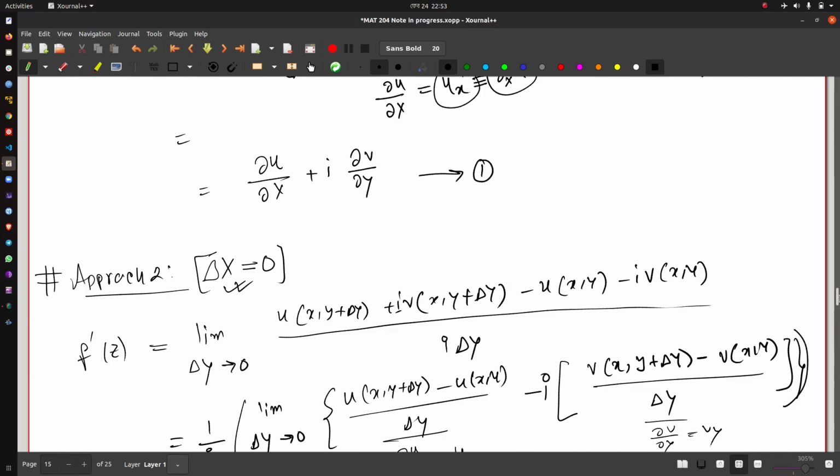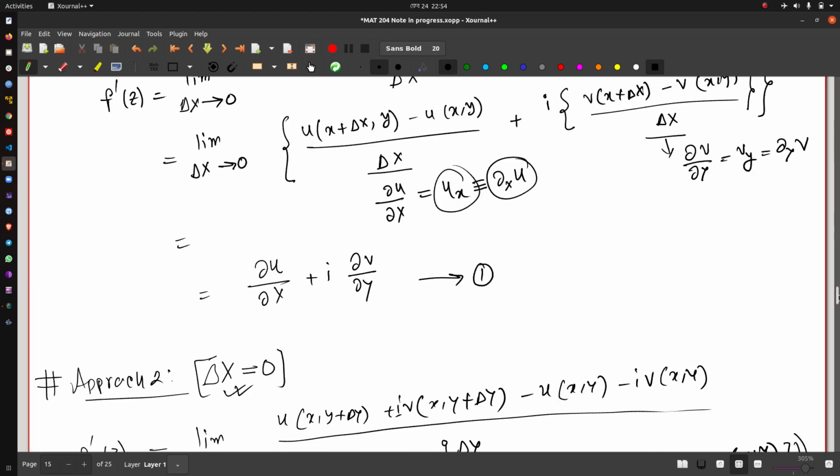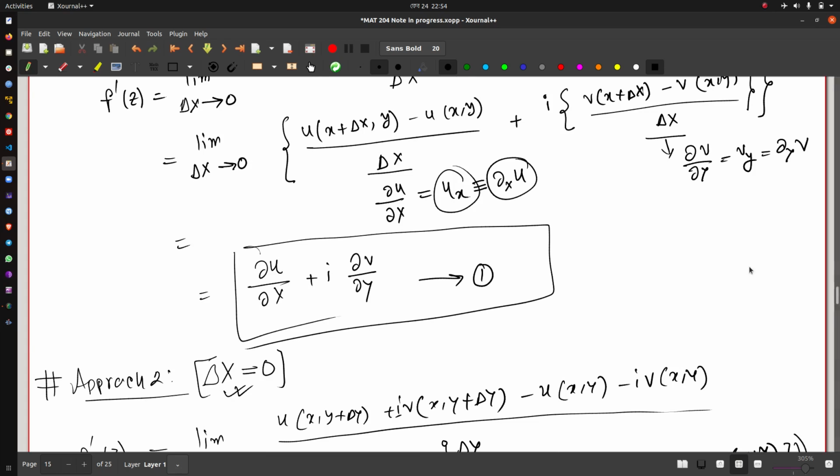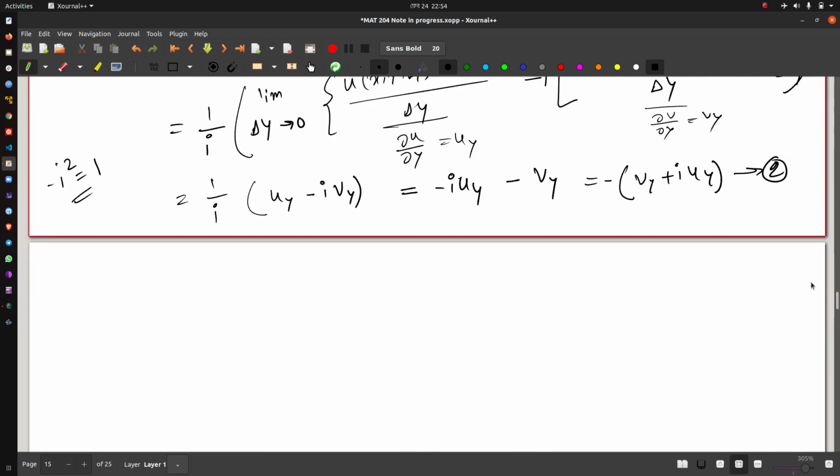So since we had this condition that the derivative should be the same, or unique, regardless of our way of approach, we can say that equation 1 over here and equation 2 over here are the same equation, right?